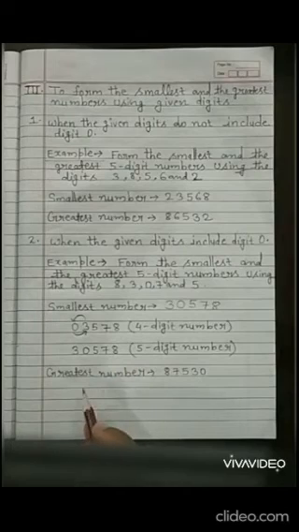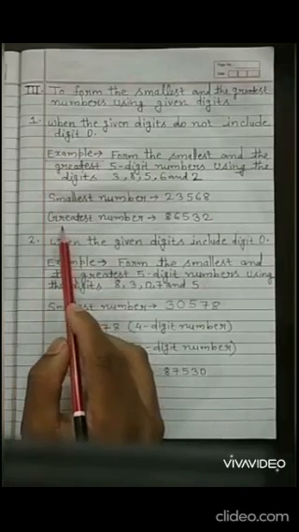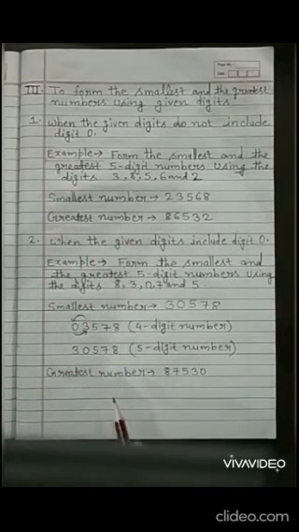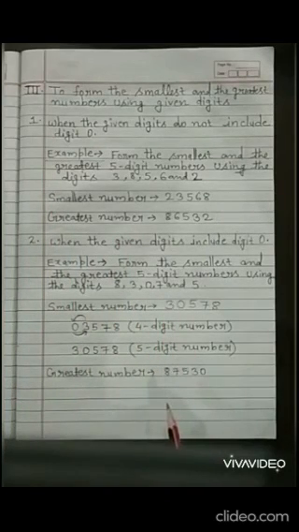Now we are going to form the greatest 5-digit number, and it is also very easy. It is the same as we have done in type 1. We are going to just arrange these digits in the descending order.